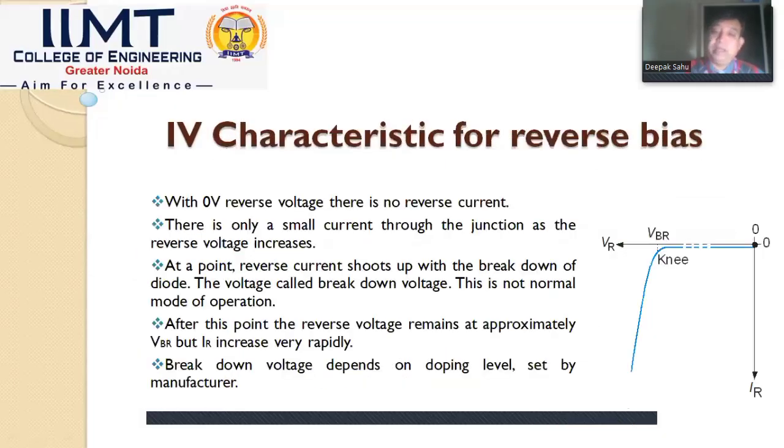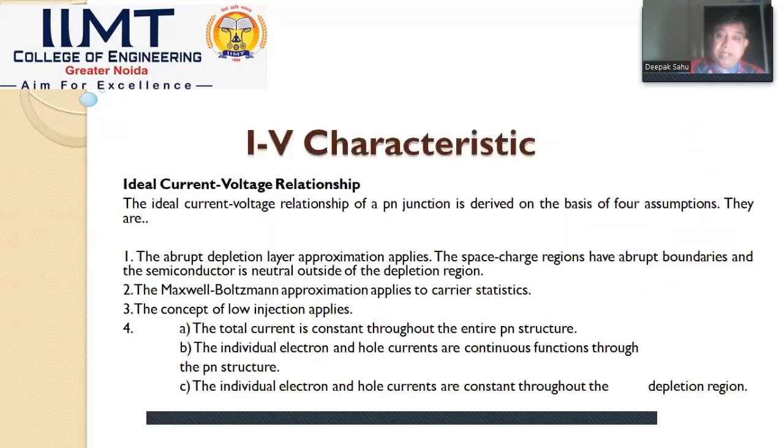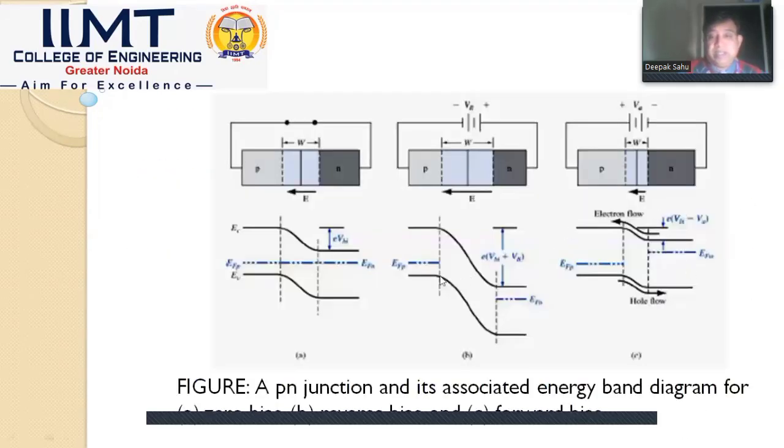So if we revise and correlate various things in the forward and reverse junction, see this diagram clearly. Since the extrinsic Fermi levels always remain close to where the charge carriers are maximum, in the n side there are electrons in the conduction band, so EFN remains closer to EC in the n side, and EFP similarly remains close to the valence band side.